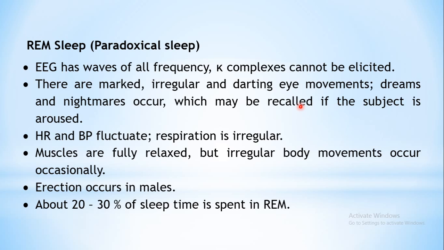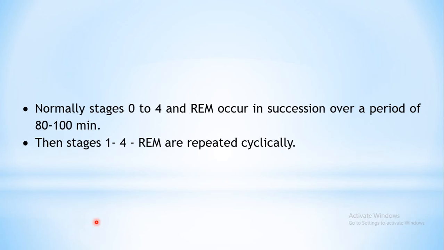The heart rate and the BP are fluctuating. Even the respiration becomes irregular in REM sleep. Muscles are totally relaxed, fully relaxed, but sometimes irregular body movements may be seen. In males, penile erection may also take place. The total time spent in this stage is 20 to 30%.